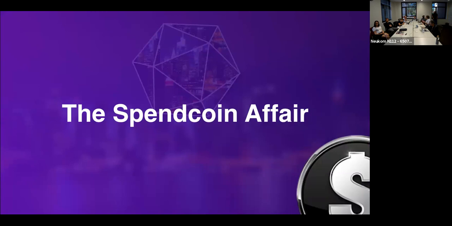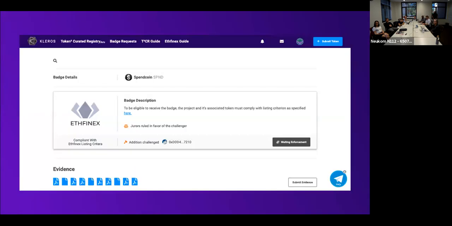And what was very fun about this is that there were very big discussions between the submitters and the challengers. One of the tokens that created a lot of controversy was SpendCoin. The guys sent the token to be listed. And look at the evidence. These are PDFs, 40 or 50 pages, saying why it should be accepted, and the other side saying why it shouldn't be accepted.